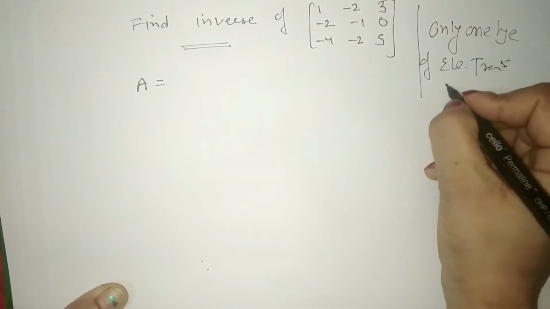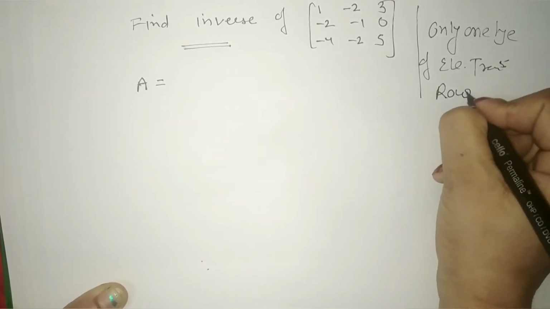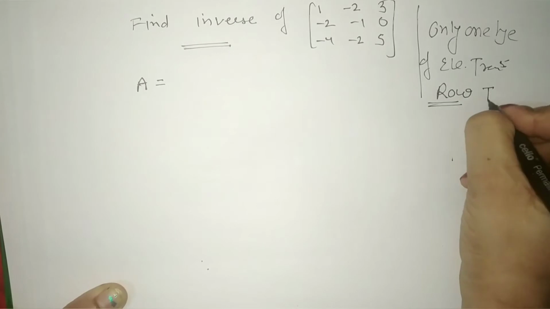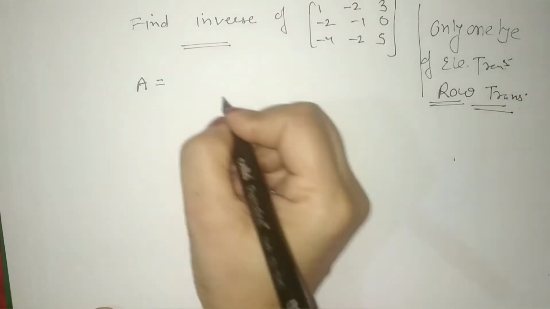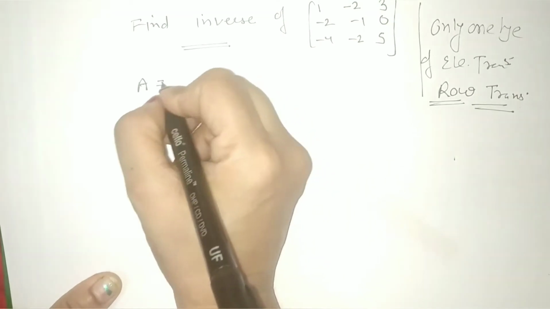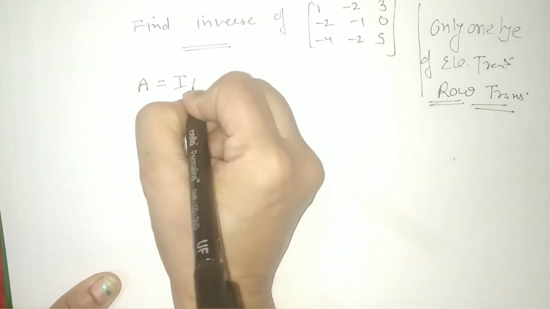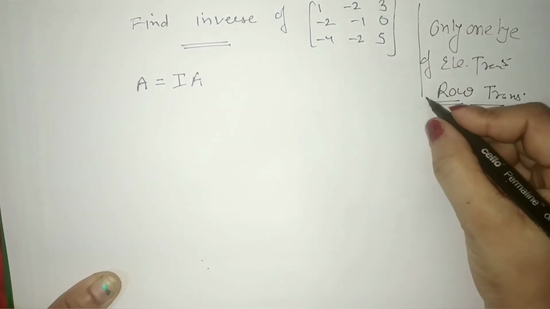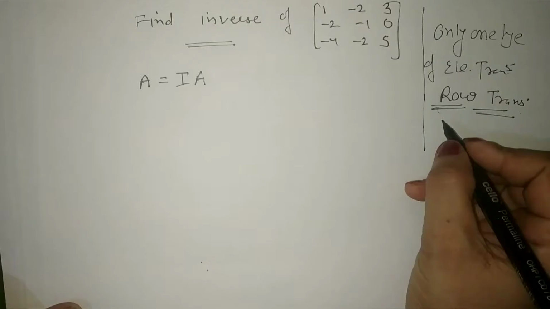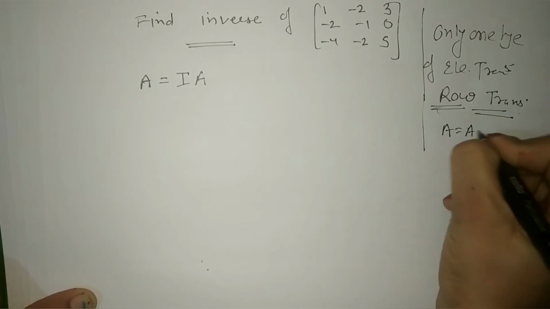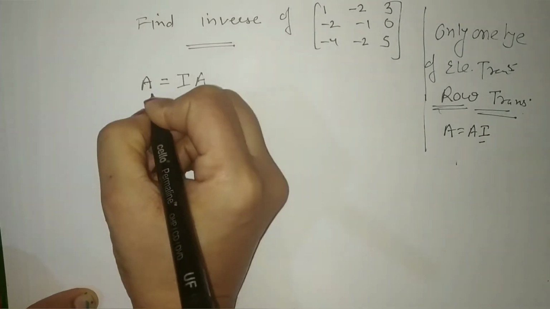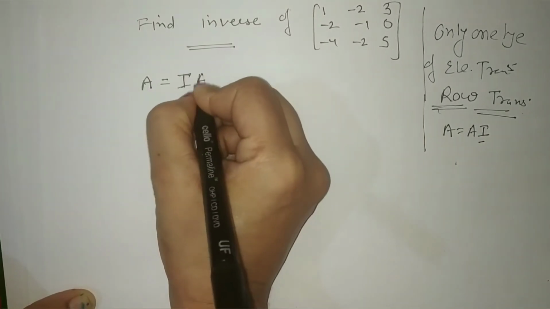For my convenience, because I like row transformation more, I am going to use row transformations for this question. If I am going to use row transformation, then I have to write A as I into A. In case you are interested in column operations, then you have to write A as A into I, right? So for row operation, I first, then A.